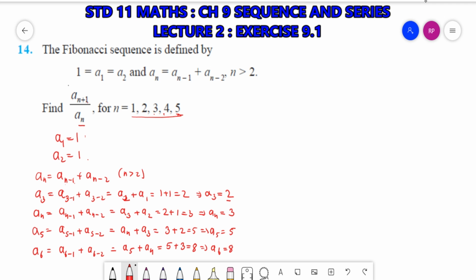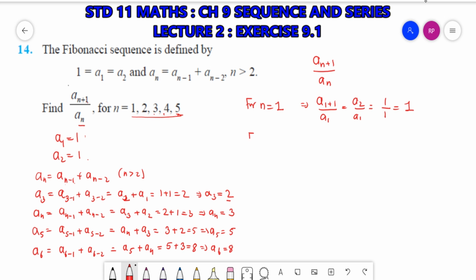Now we need to find An plus 1 upon An. First, for n equal to 1, it will be A1 plus 1 upon A1, that is A2 by A1. A2 and A1 both have value 1, so this is equal to 1.